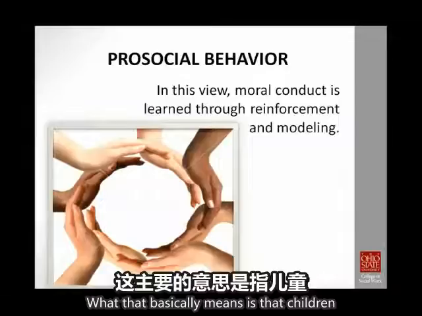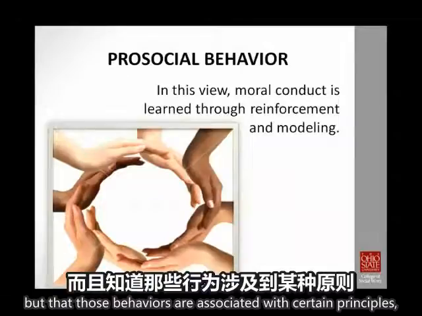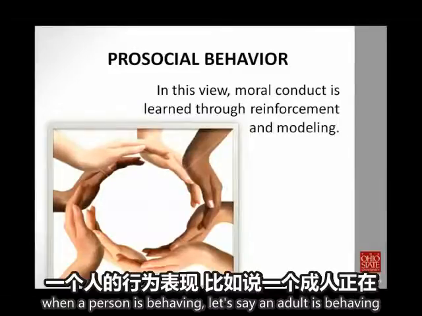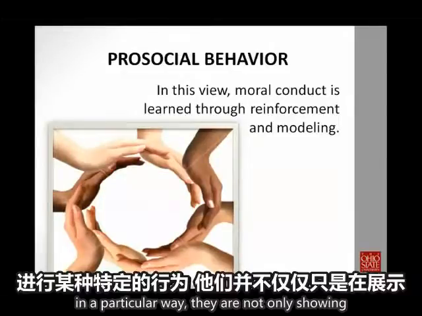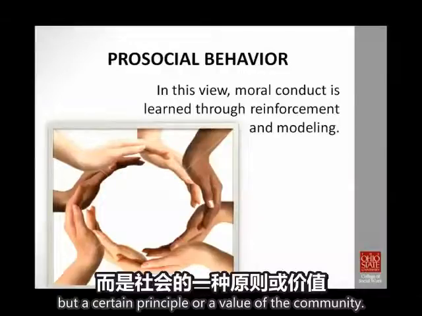What that basically means is that children not only know that there are certain behaviors that are valued, but that those behaviors are associated with certain principles, norms, ethics, and morals. So they know that when an adult is behaving in a particular way, they are not only showing a highly valued behavior, but a certain principle or value of the community.